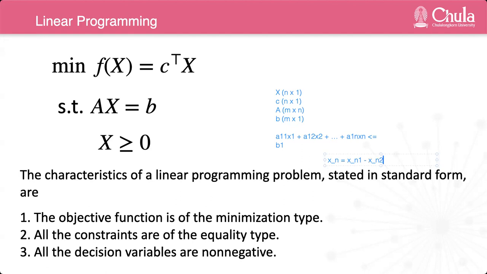You add an extra variable, then you can assign the restriction on xn1 and xn2. They must be positive. Then you can transform the problem to the standard form.